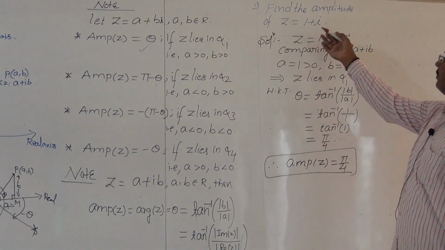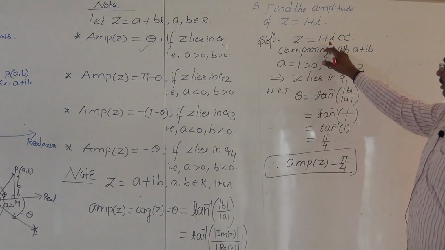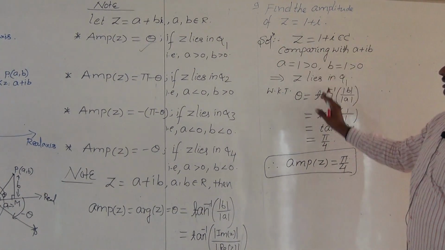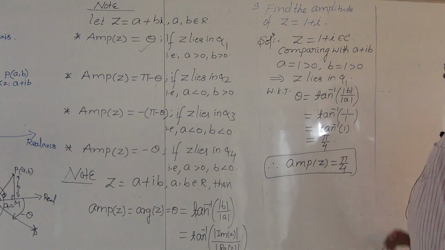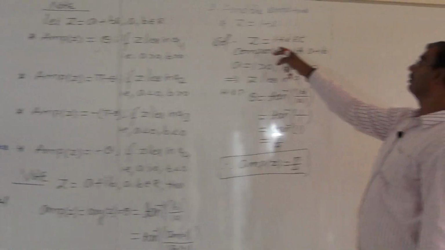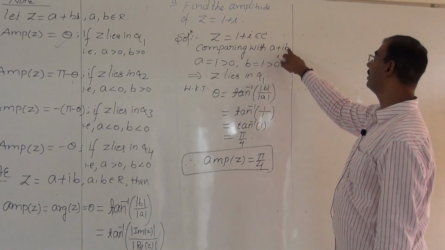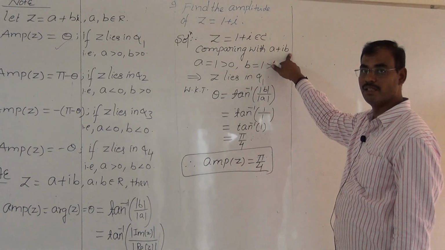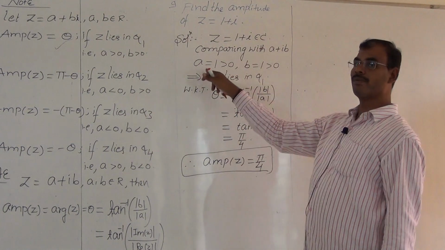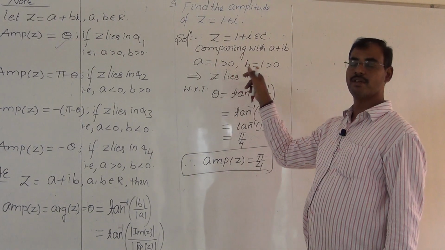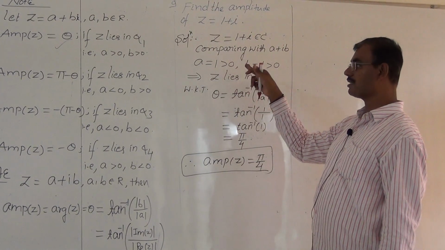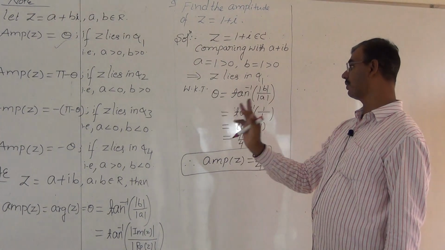Similarly, if I take another z number, are you following this method? The same procedure is applicable in all cases. What is the working rule here? Observe that. Take the complex number, comparing with a plus iota b. Next, identify the quadrant. Quadrant means first quadrant, second quadrant, third quadrant, fourth quadrant.